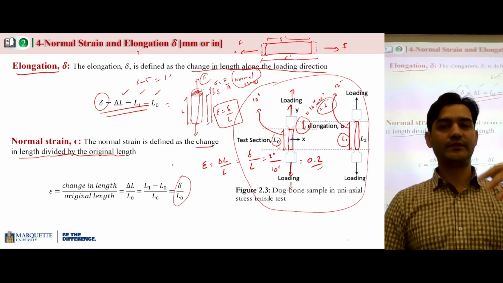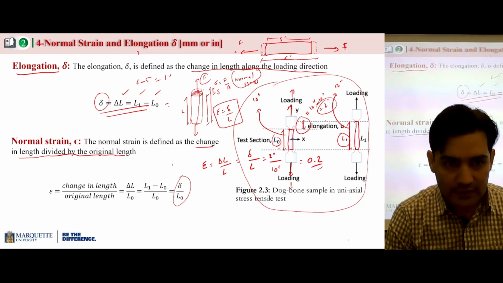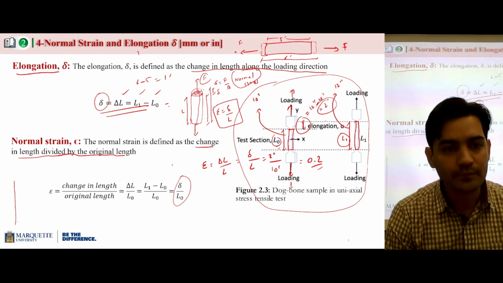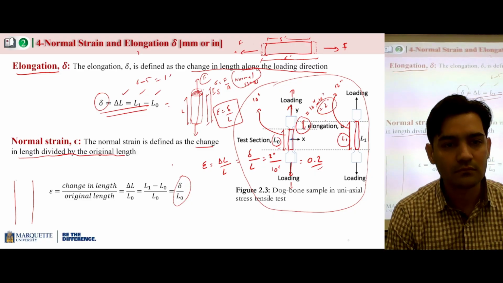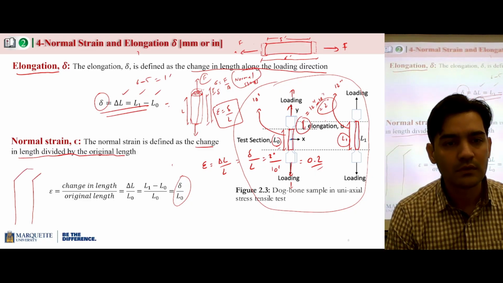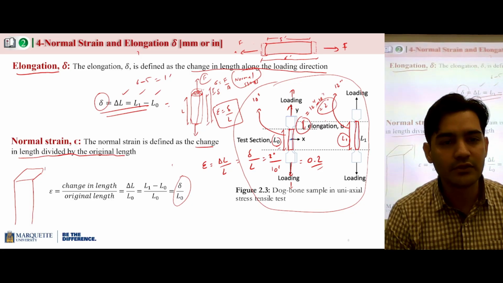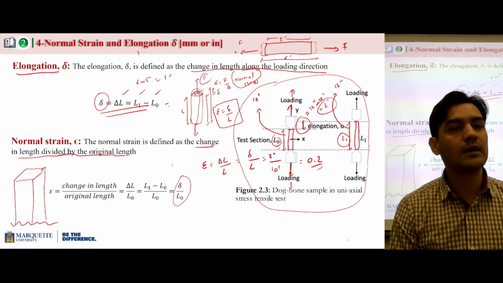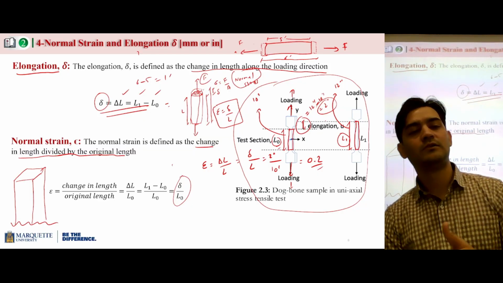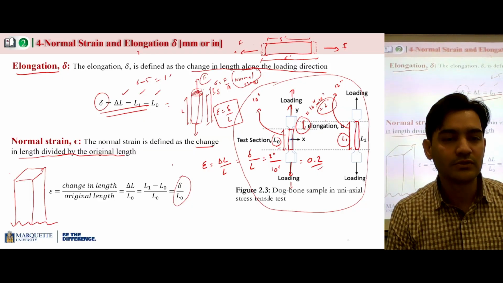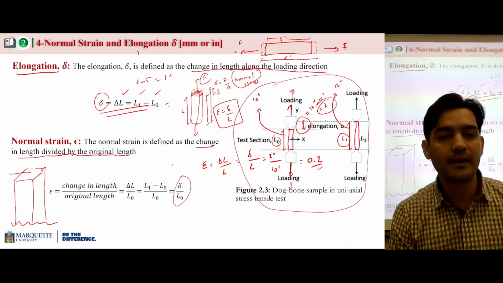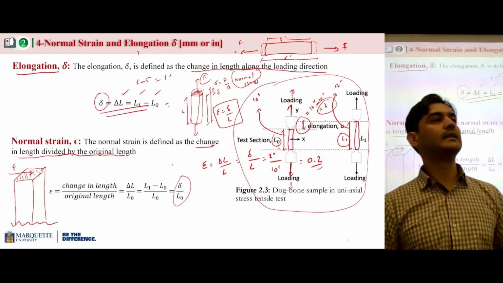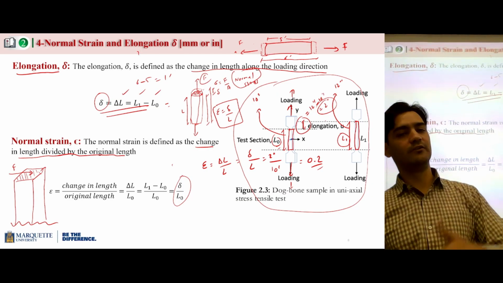There's another type which is called shear strain. So let's see how we can calculate shear strain. So if that's the column which we drew before, now we're going to apply shear force. So if a force is applied parallel to the area, then this type of force is called shear force.